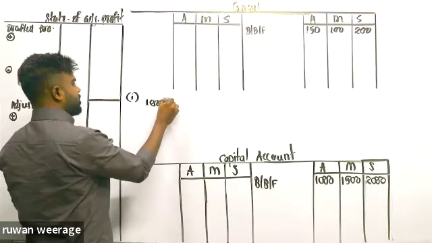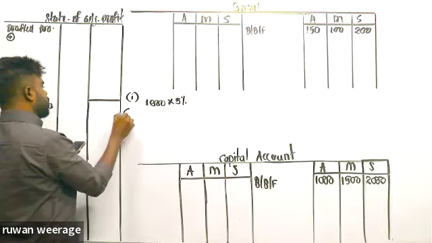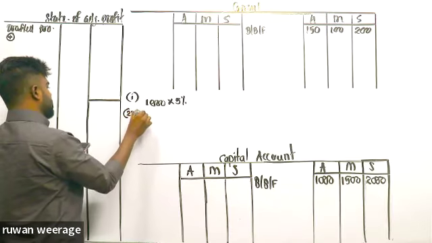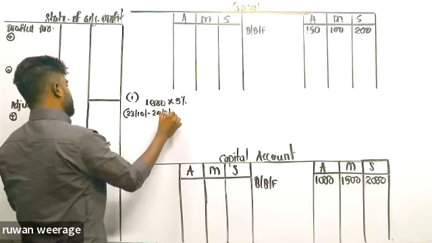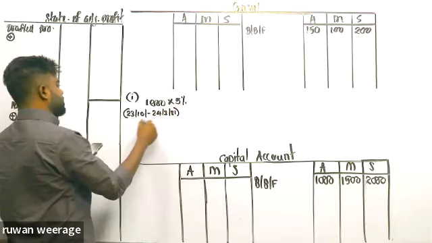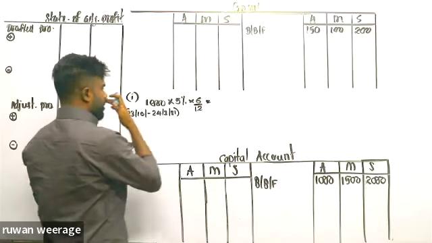But the loan was given on October 1st, 2023, so we have to look until 31st March 2024. So how many months? 6 months. You have to calculate 6 months interest.